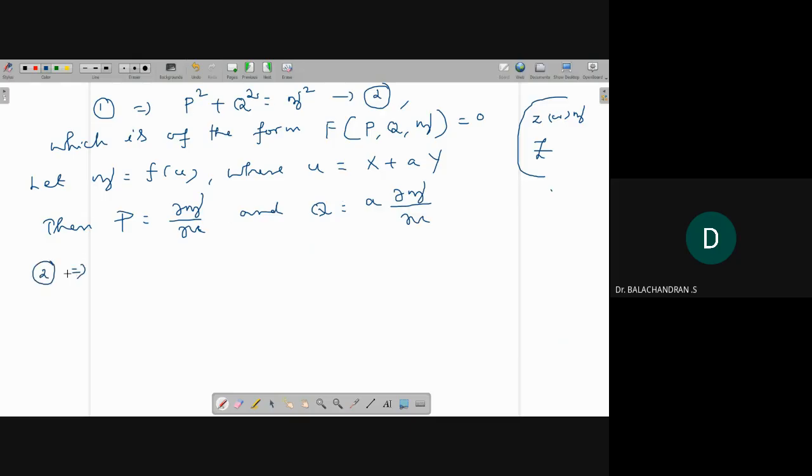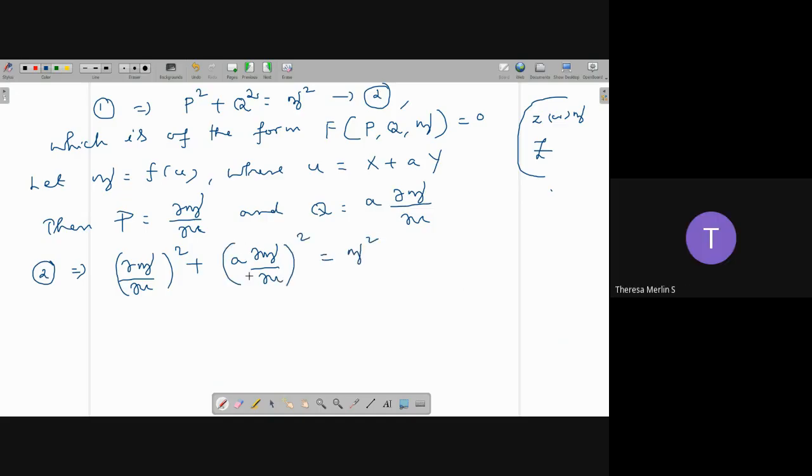Equation 2 implies (∂z/∂u) whole square plus (a times ∂z/∂u) whole square is equal to z square.